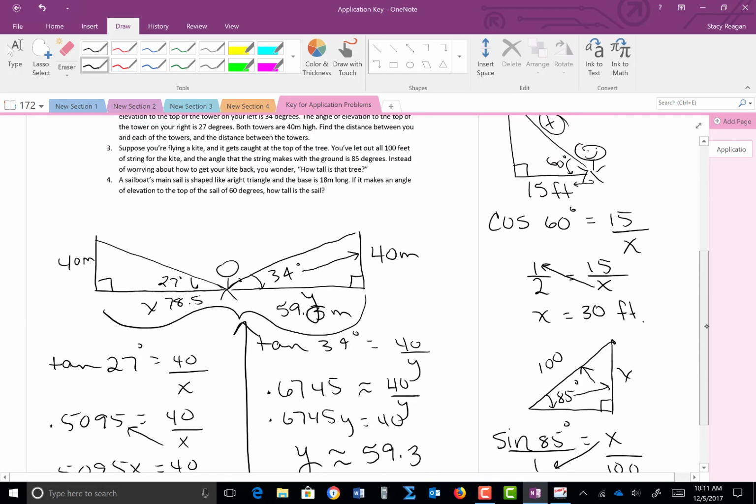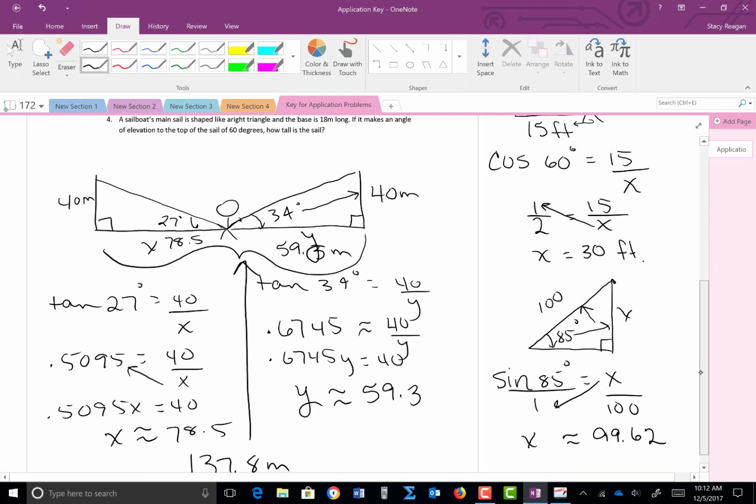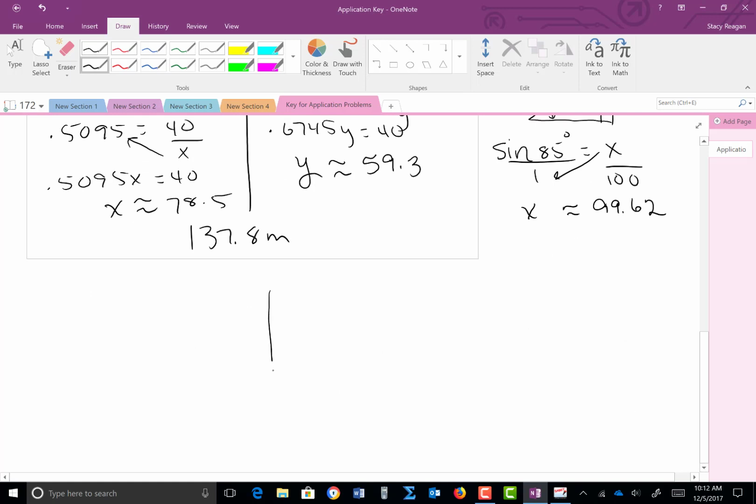So let's see question 4. A sailboat's main sail is shaped like a right triangle, and the base is 18 meters long. If it makes an angle of elevation to the top of the sail of 60 degrees, how tall is the sail? So let's go down here and draw another picture. This is my sail, and it's a right angle.